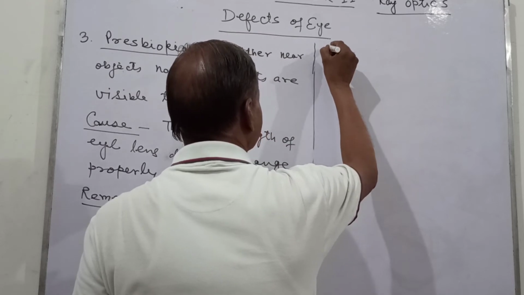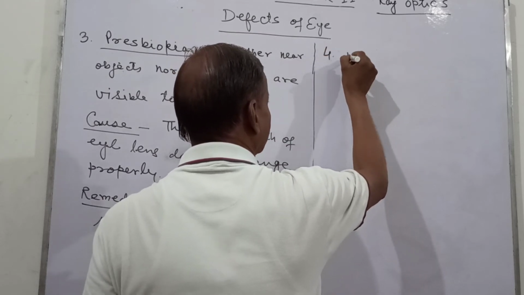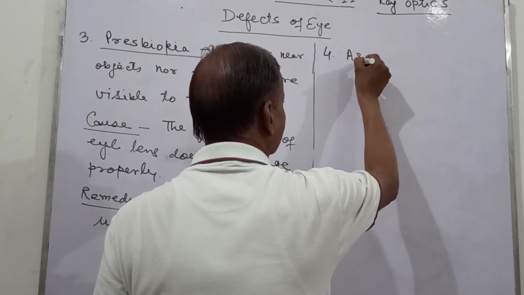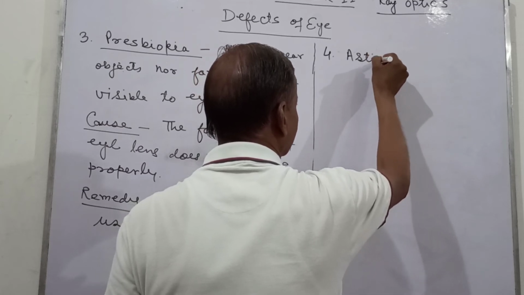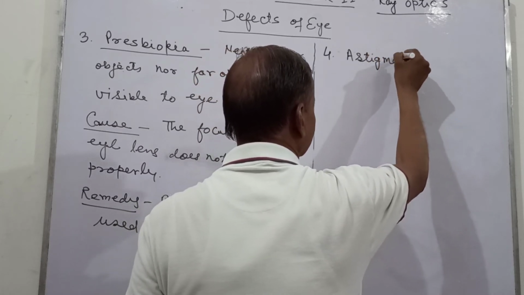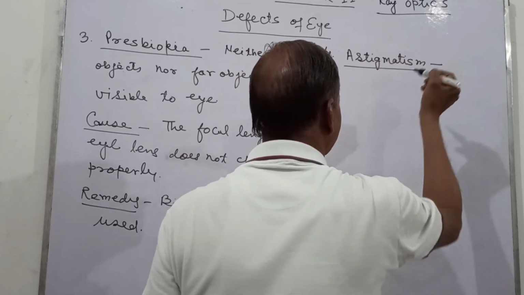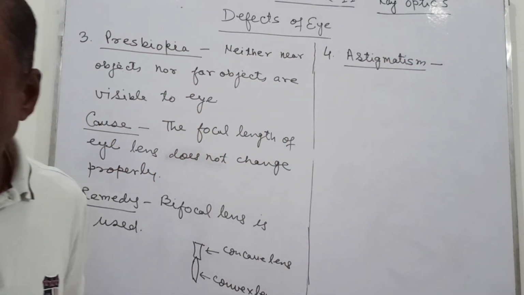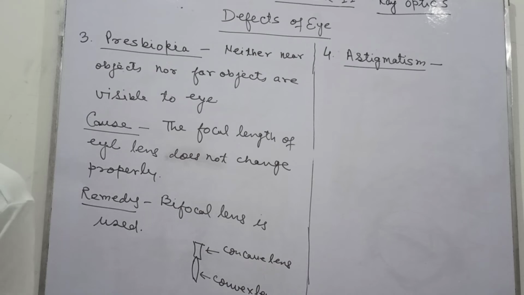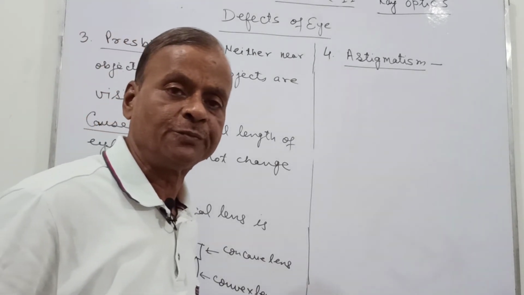And now fourth is astigmatism. Astigmatism. तो astigmatism में क्या होता है? That only a part of object is visible.